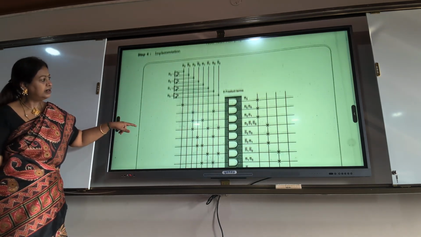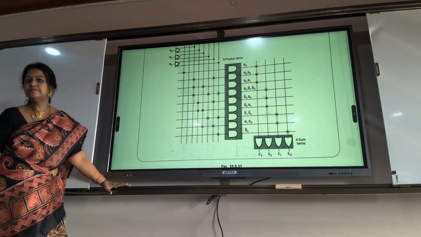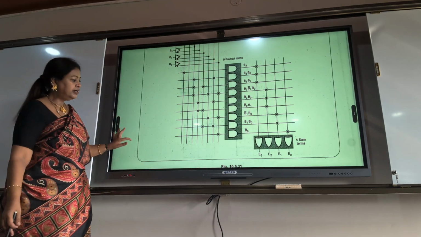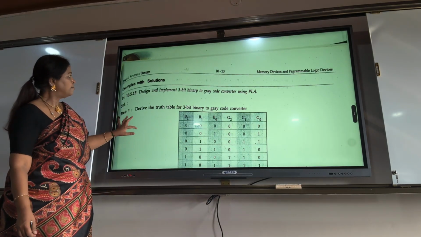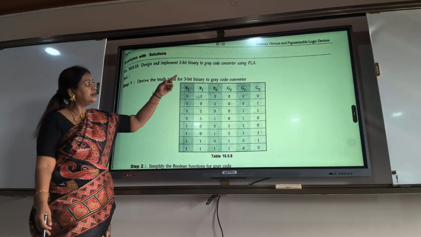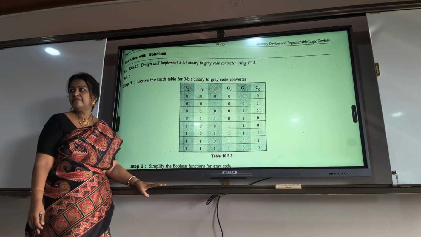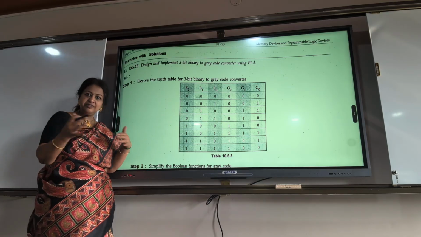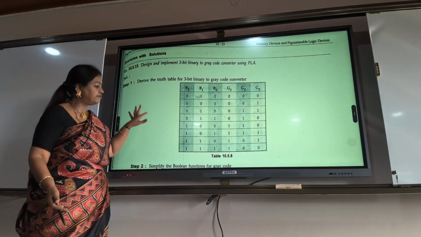and then draw the lines. If you do it, you will understand. But I want to teach you first and then you can practice. Similarly 3-bit binary to Gray. These all will come from the first unit, second unit, whatever we have studied, we have to bring it up.